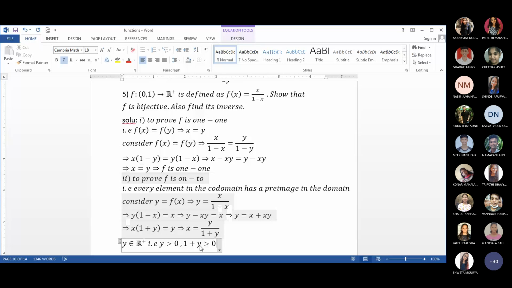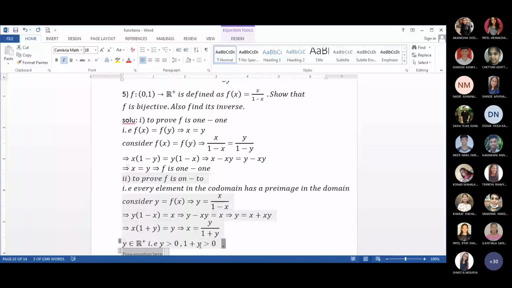सर okay, वो R प्लस कोडोमेन था ना? R प्लस कोडोमेन है, हाँ. तो y तो मेरा कोडोमेन में बिलोंग करता है ना, और x मेरा डोमेन में बिलोंग करेगा. Right? Okay, sir.